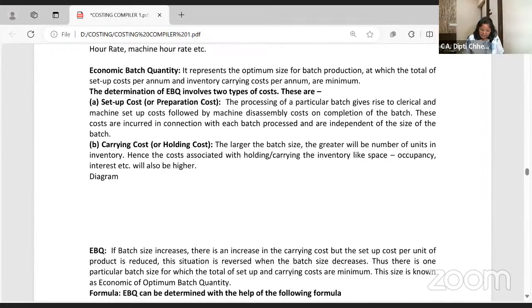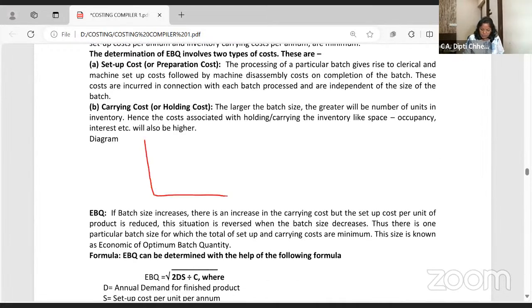What is economic batch quantity? For that, two kinds of cost are there. This side you have quantity, this side you have cost. As you produce more quantity, your carrying cost will increase, the cost of holding batches.